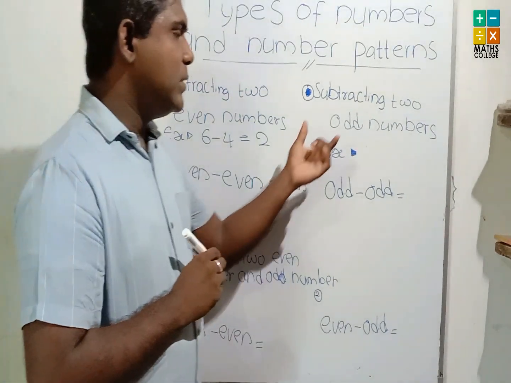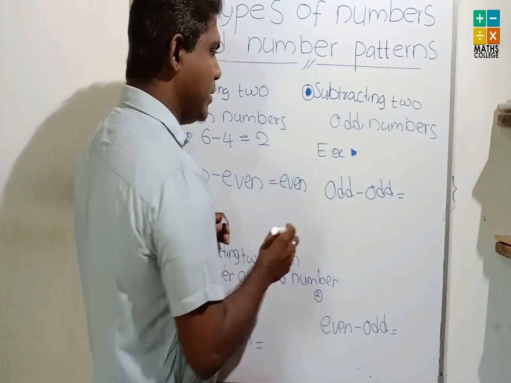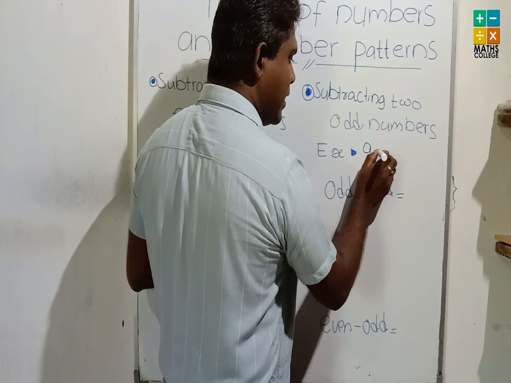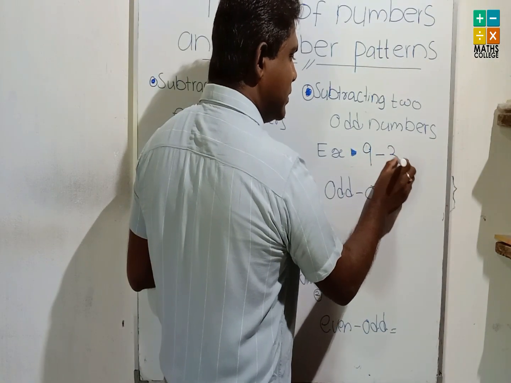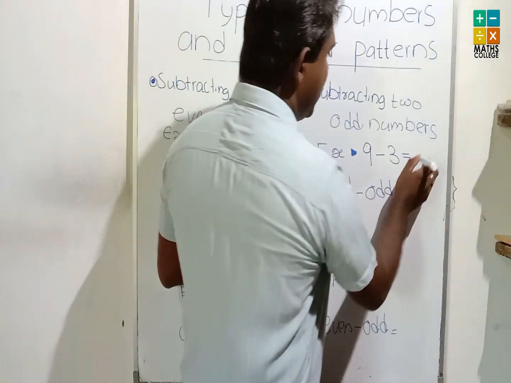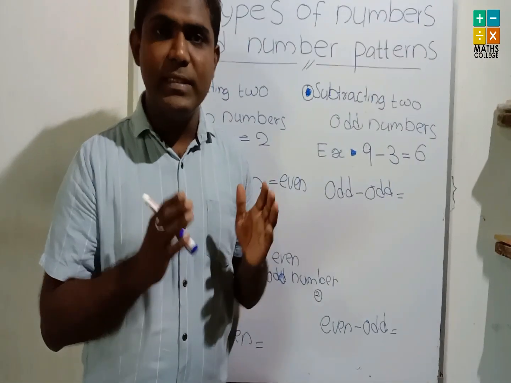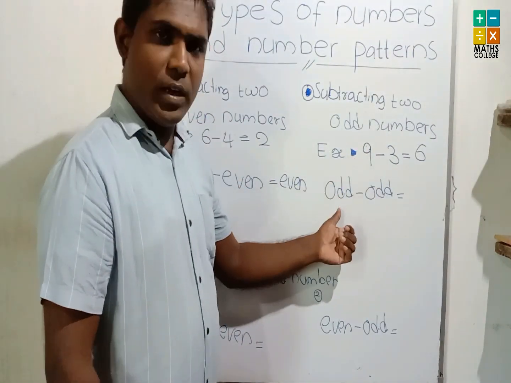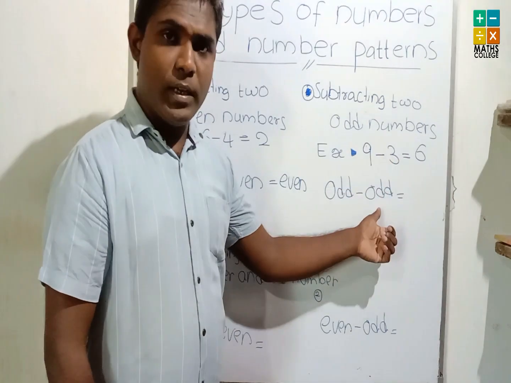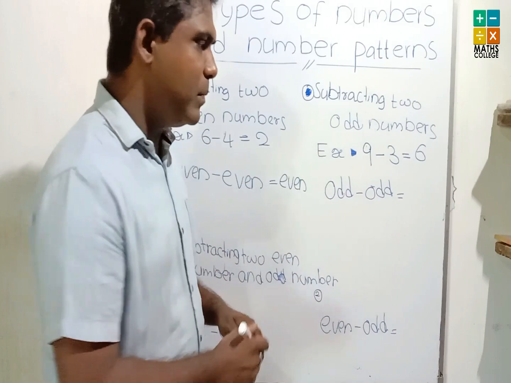Okay? Then subtracting two odd numbers. Consider 9 and 3. 9 subtraction 3 is 6. 9 is an odd number, 3 is an odd number, the answer is 6. What is it? An even number.